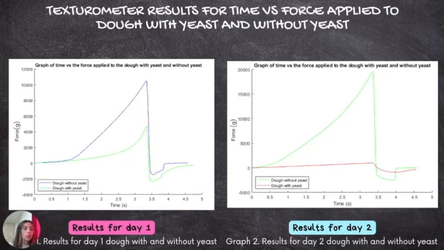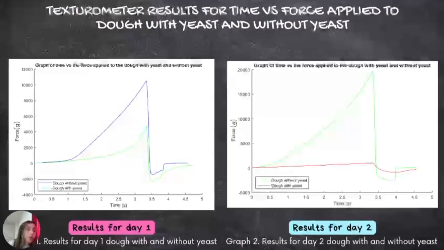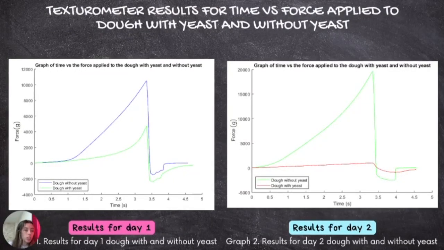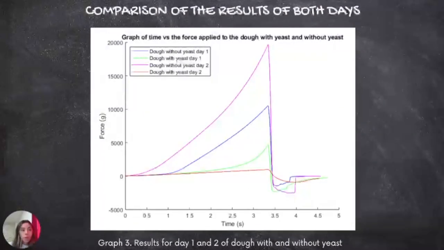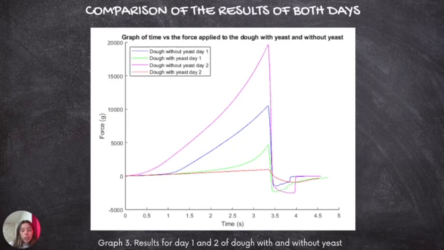First, we have the texturometer results for time versus force applied to dough with yeast and without the yeast. In the first graphic, we can see the results for the first day of the analysis, and in the second one, we can see the results for the second day. Here is a comparison of the results for both days for the next analysis we are going to do.